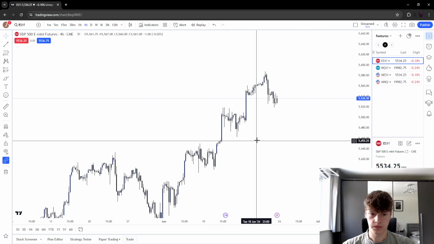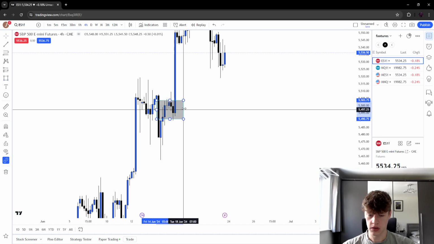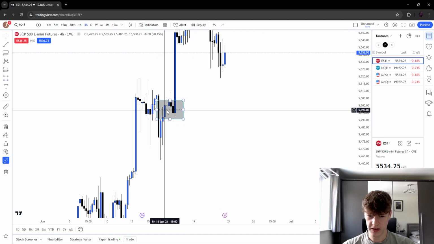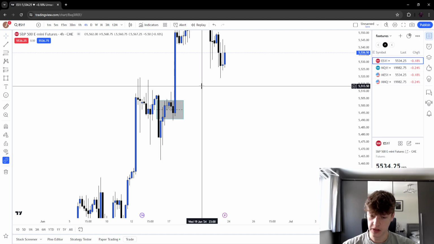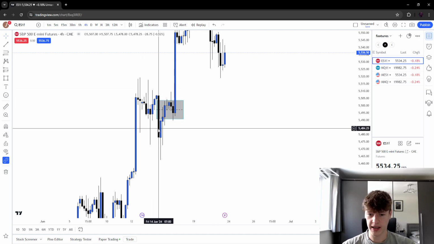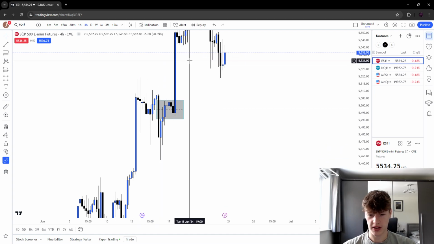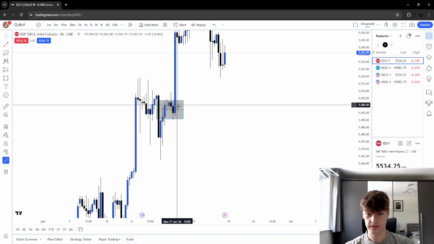So we see this big 4-hour imbalance get made. And you see we come up, we fill it, and then we push right past it. That shows us that the selling momentum we had here was disrespected and pushed completely through. So we can use it as a confluence and say, okay, price wants to go higher still.